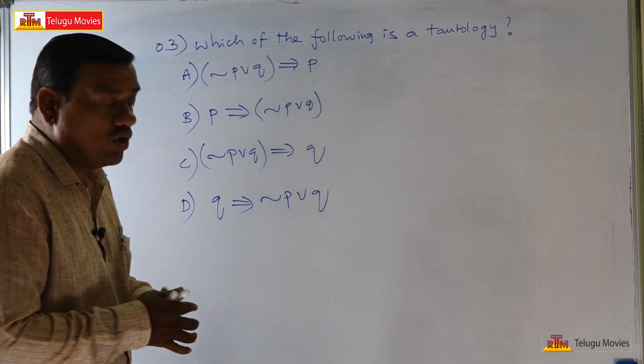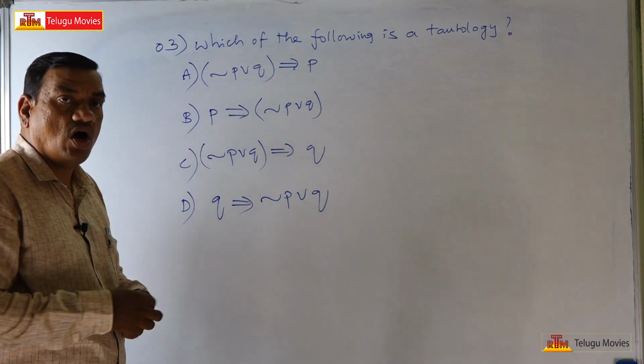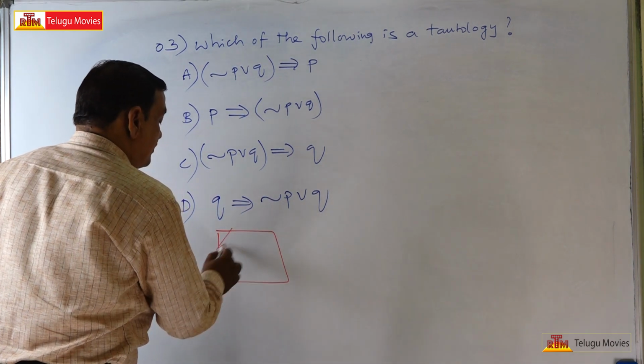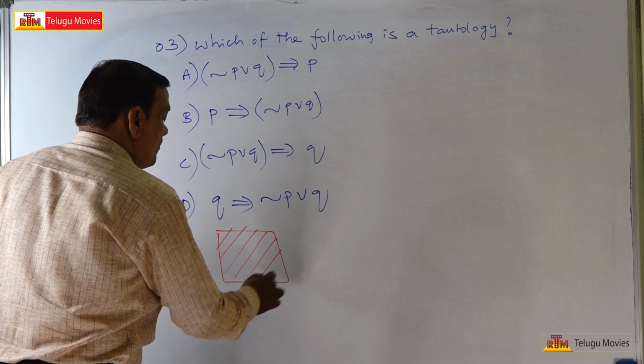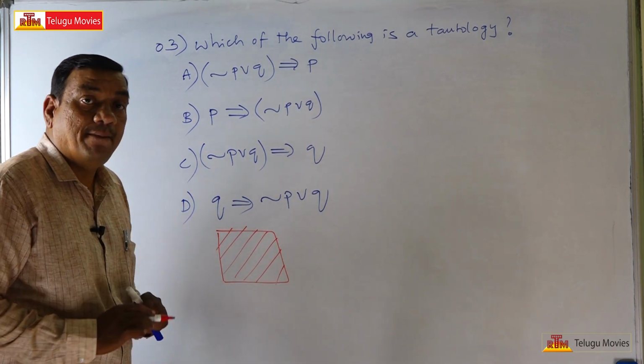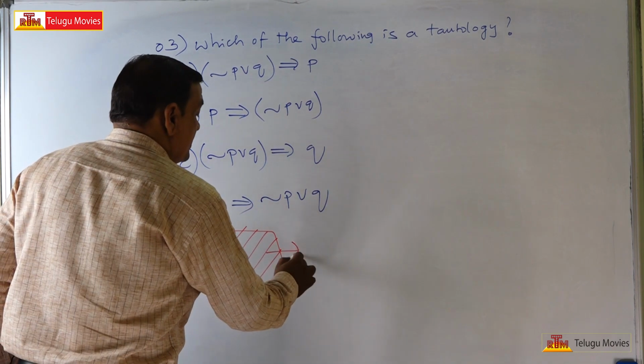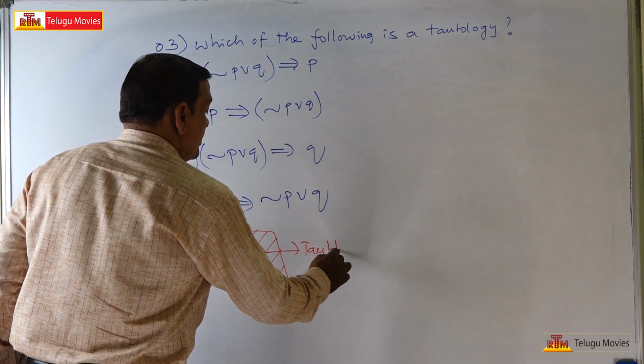The one and only thing to always remember: if the total Venn diagram is shaded, then it is a tautology.